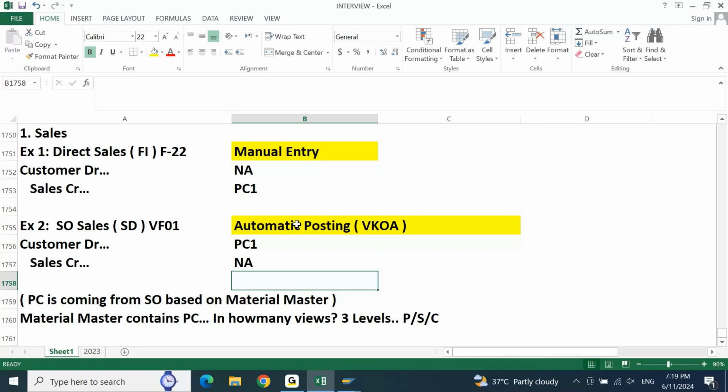If somebody is asking you about document splitting, are you going to talk about an invoice example? Because as I said, any example that you talk for document splitting, for active document splitting, other than invoice, your example is invalid. Nobody will consider your example. I'm openly telling you, if you talk any example other than vendor invoice or customer invoice, especially for active document splitting, nobody will consider it.